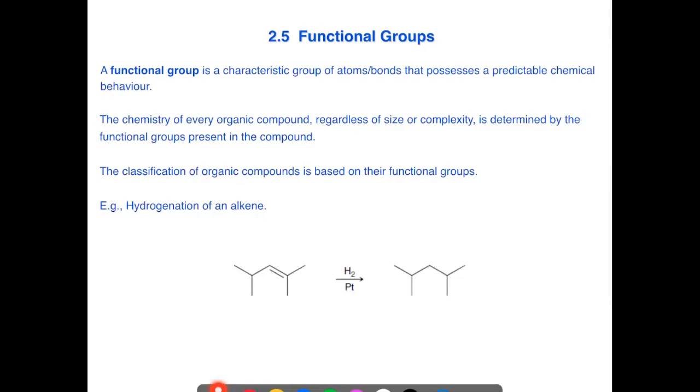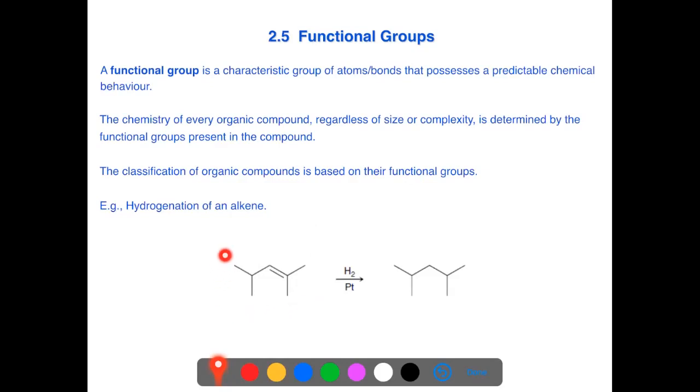So for example, in the hydrogenation of an alkene, the term alkene is used to represent this type of structure where we have this pi bond found within the carbon backbone. So when this functionality, this alkenyl structure, undergoes a reaction in the presence of hydrogen gas and a platinum catalyst, the resulting structure, as you can see, shows the disappearance of that double bond to give us a sigma bond.